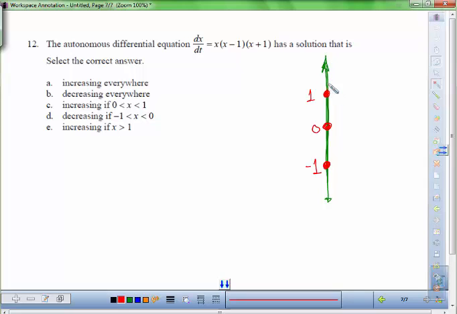So if we put a number that's, let's start from the bottom, a number that's very negative, this is a negative, this is a negative, and this will end up being negative, right? So negative, negative, and a negative is negative. More negative. So that's going to be going away from 1.